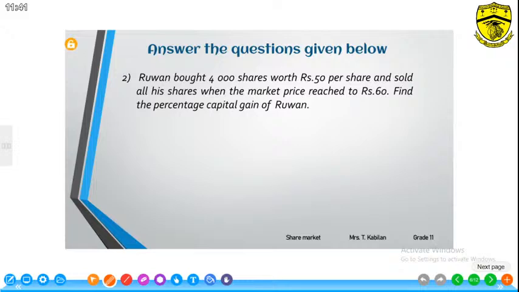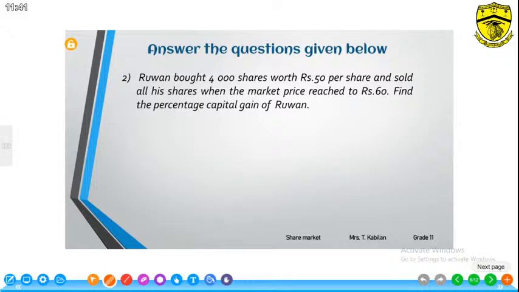Second one. Ruan bought 4,000 shares worth rupees 50 per share and sold all his shares when the market price reached rupees 60. Find the percentage capital gain of Ruan. This is also similar to the previous question. Right? First of all, we may write the data of this question.